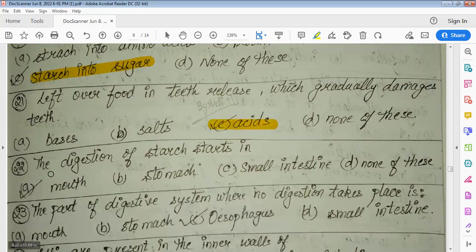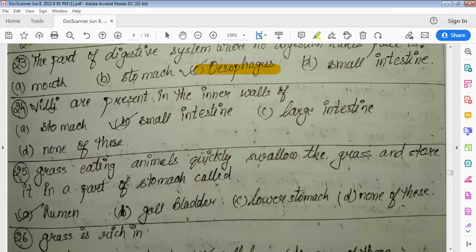The digestion of starch starts in the mouth. The part of the digestive system where no digestion takes place is the esophagus. Villi are present in the inner wall of the small intestine.